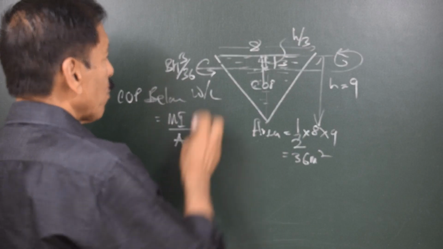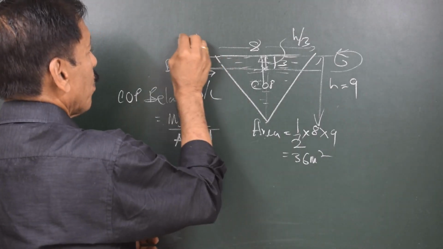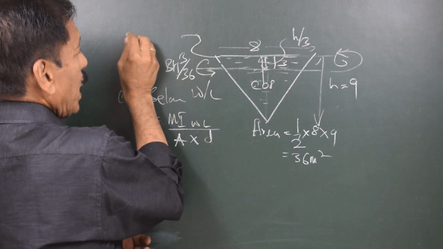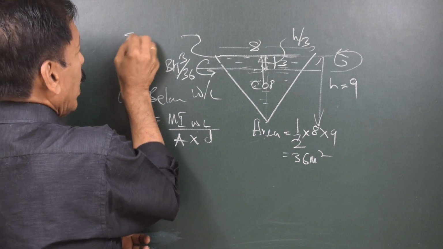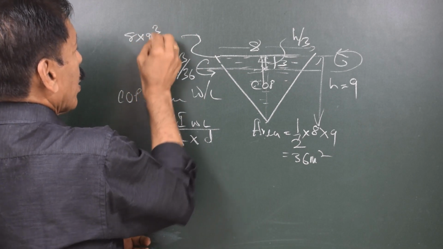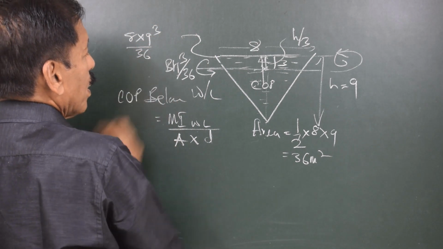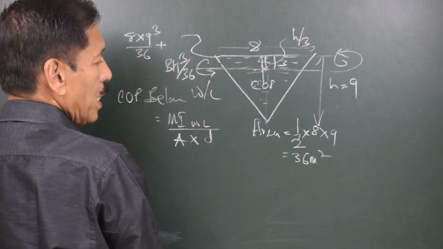So what is the moment of inertia about the water level? It will be bh cube upon 36, that is 8 into 9 cube upon 36, plus AD square.